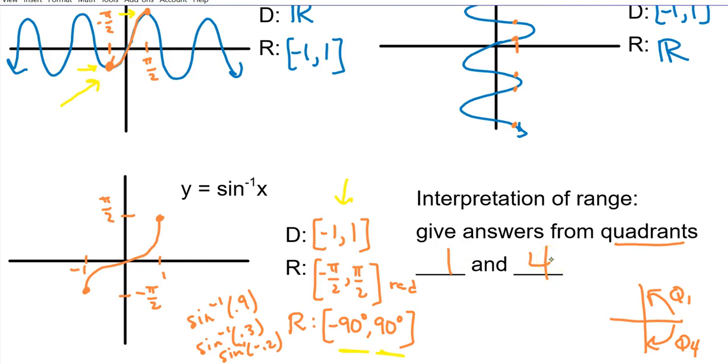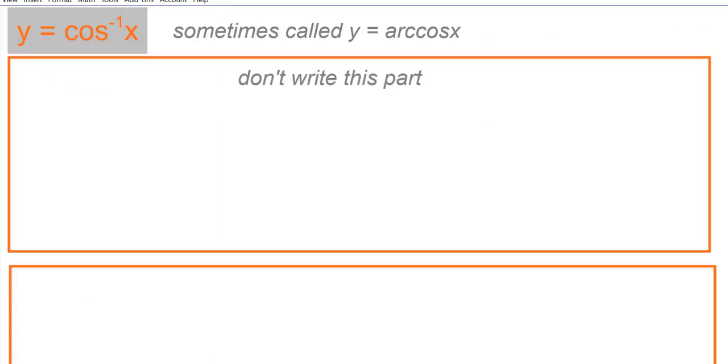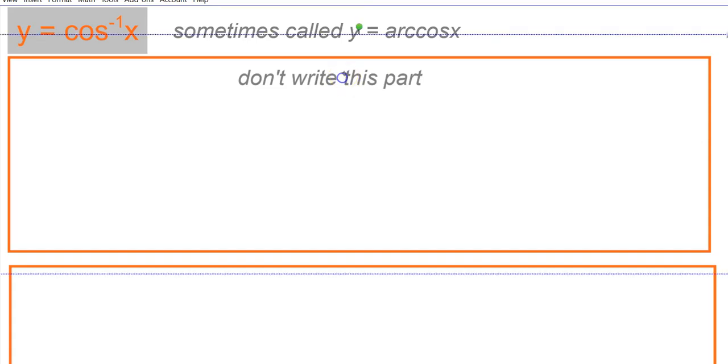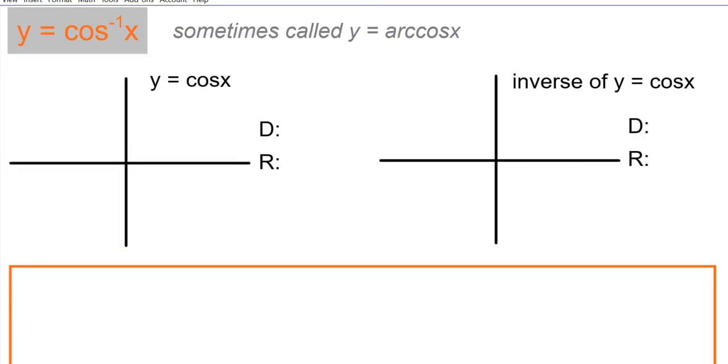All right, what we need to do is go through that same idea for inverse cosine and inverse tangent. So here is the equation, y equals inverse cosine of x, sometimes called y equals arc cosine of x. Here's the development. Don't worry about writing this part. Same idea. We have our cosine graph. Looks like this, right?